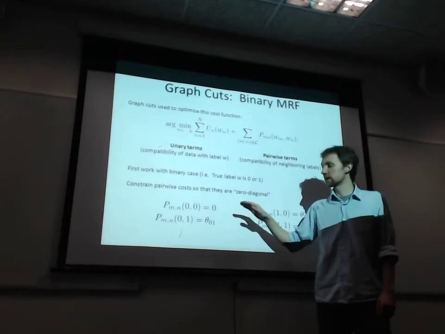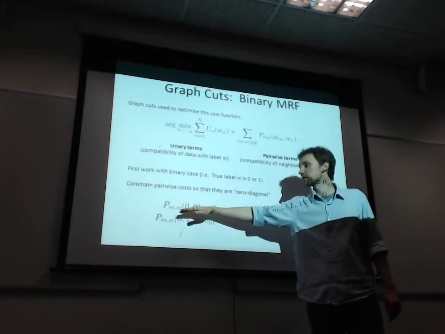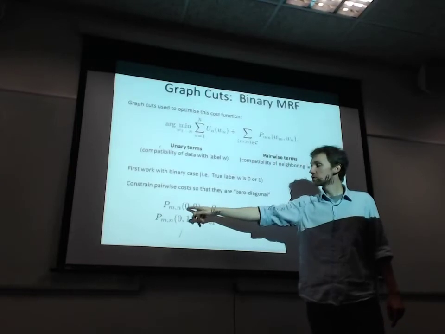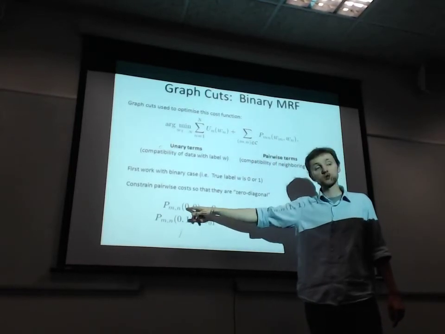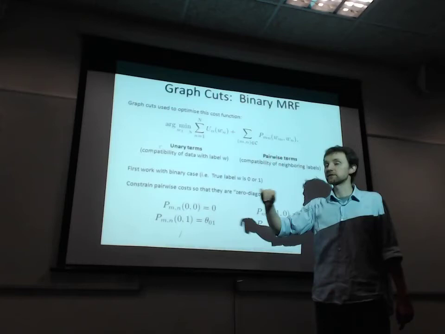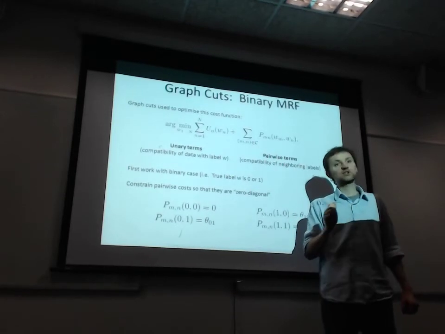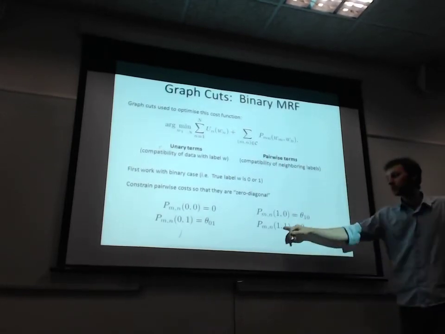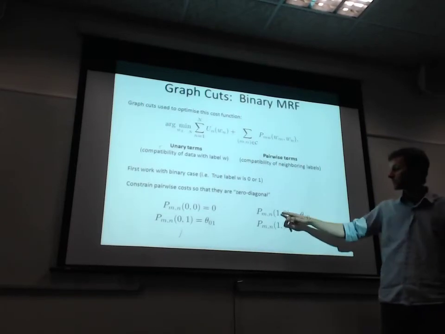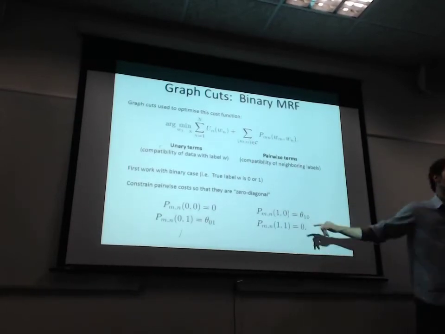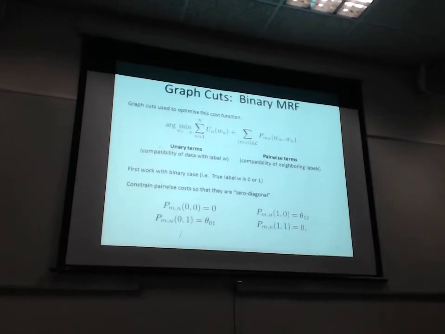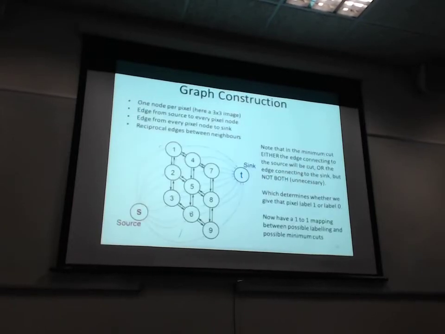There's going to be a pairwise cost for putting 2 nodes together which both have world state 0. The cost is going to be 0. In other words, it's a very cheap cost. Similarly for putting 2 1s next to each other. But putting a 1 next to a 0 has some non-zero cost. So this is going to be our initial setup.